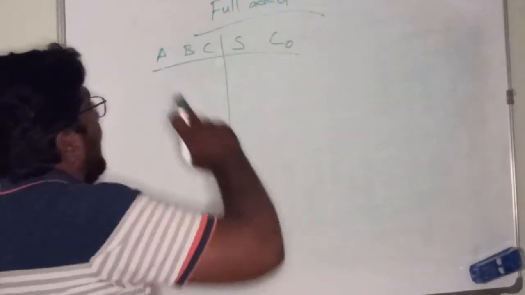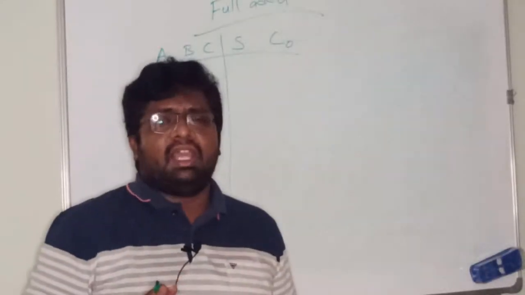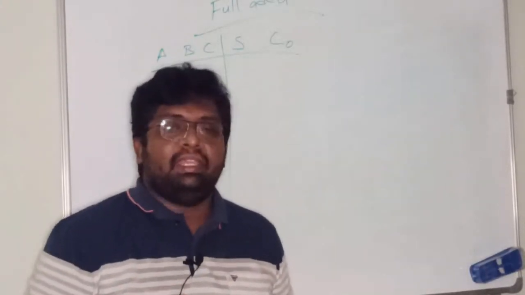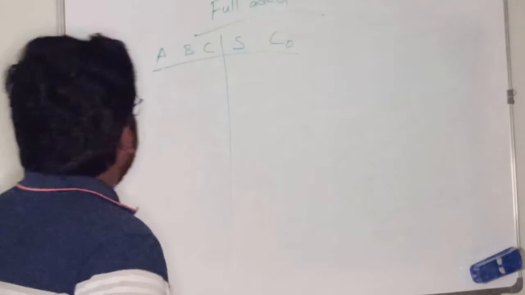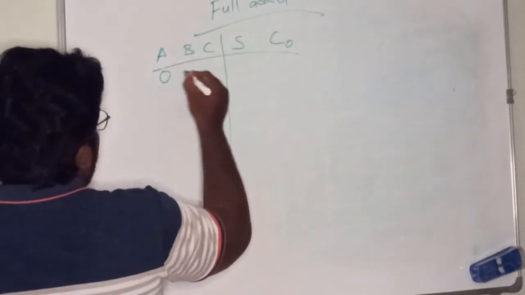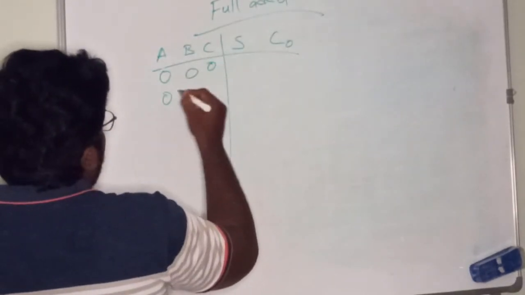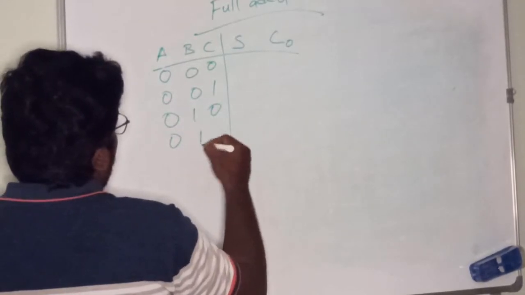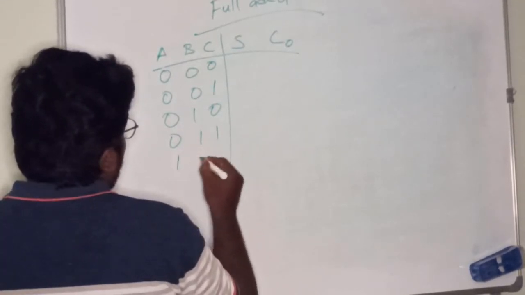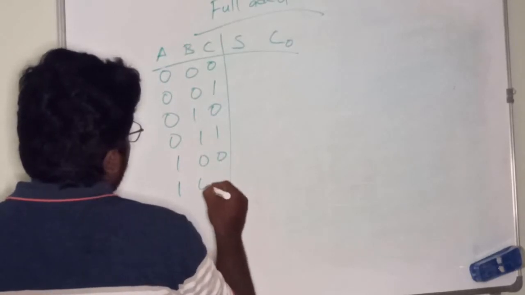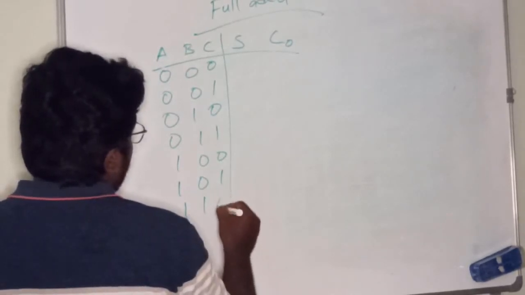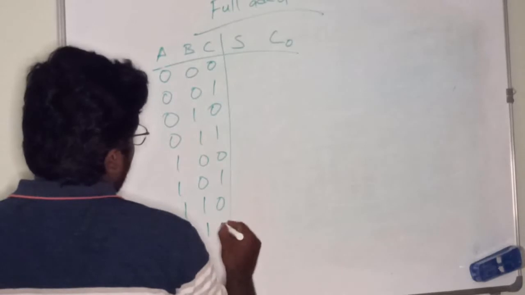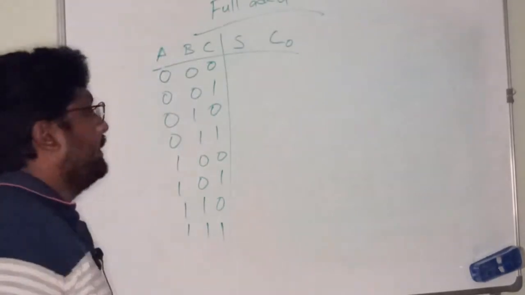When we are having 3 inputs, we will be having 8 possibilities, right? So the possibilities are 0 0 0, 0 0 1, 0 1 0, 0 1 1, 1 0 0, 1 0 1, 1 1 0 and 1 1 1.